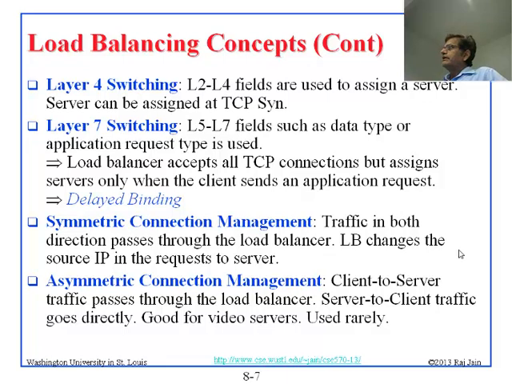Even in layer 4 switching, you have the option of giving it to the server, and the server can send it whichever way they want. But generally, even in that case, they send it back through; we actually have more slides on this later, just after this. So there are two ways of connection management, symmetric and asymmetric. In symmetric, both directions pass through the load balancer. In asymmetric, one direction passes, and the other direction doesn't have to.